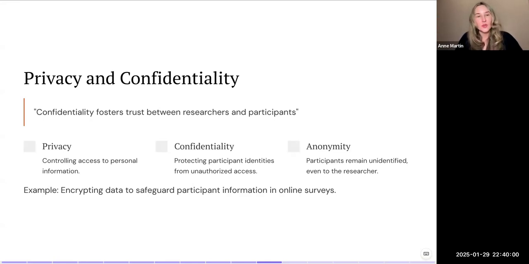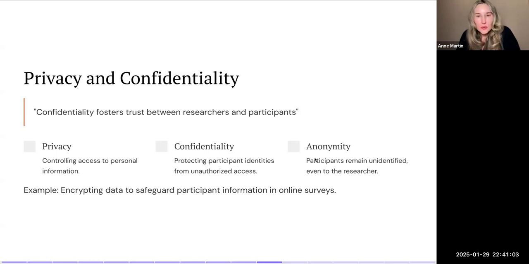So the researcher has the responsibility to keep their information private, all of their data from their phone number to, if it's interview responses, if it's their test scores, keeping that information private and in a password protected and encrypted source to make sure that it cannot be accessed. And that's definitely something that is even more important as our data is even more vulnerable in a lot of instances. Now, the two that I see confused a lot are confidentiality versus anonymity.